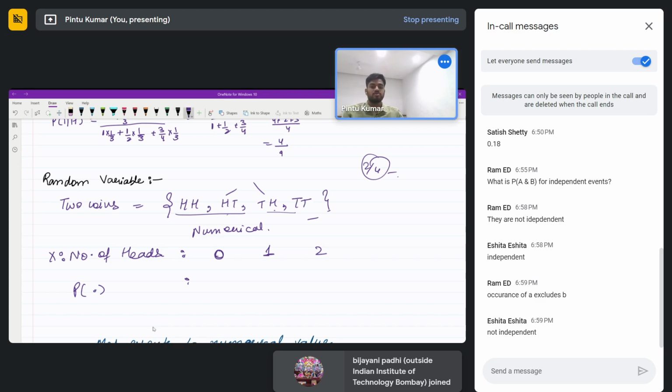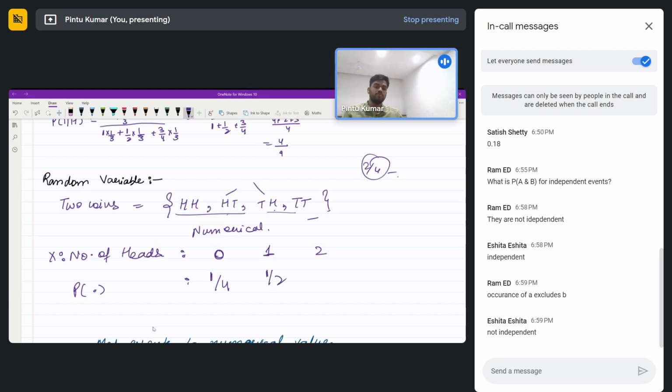Tail tail. So there is one possibility out of 4. So this is 1 by 4. For one head, there are two possibilities, so this is 1 by 2. And for two heads, again, it is 1 by 4. So this is how you define random variables: from the sample space, you transform it into some numbers and you assign some probabilities associated with it.